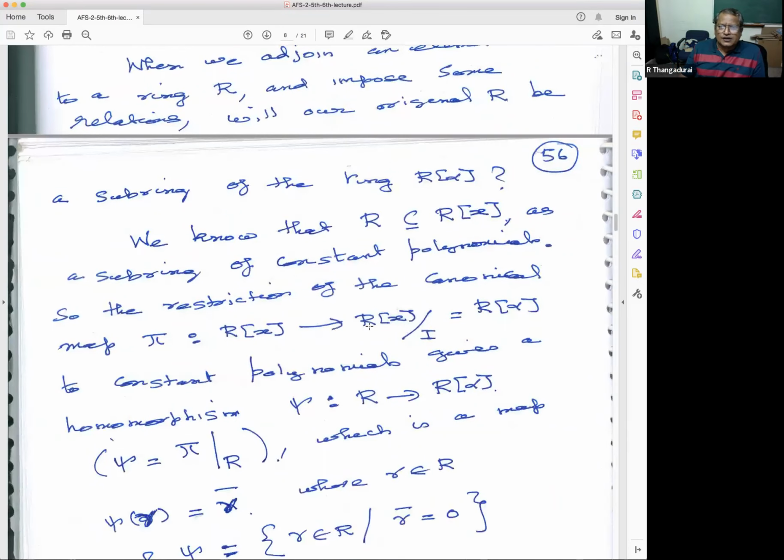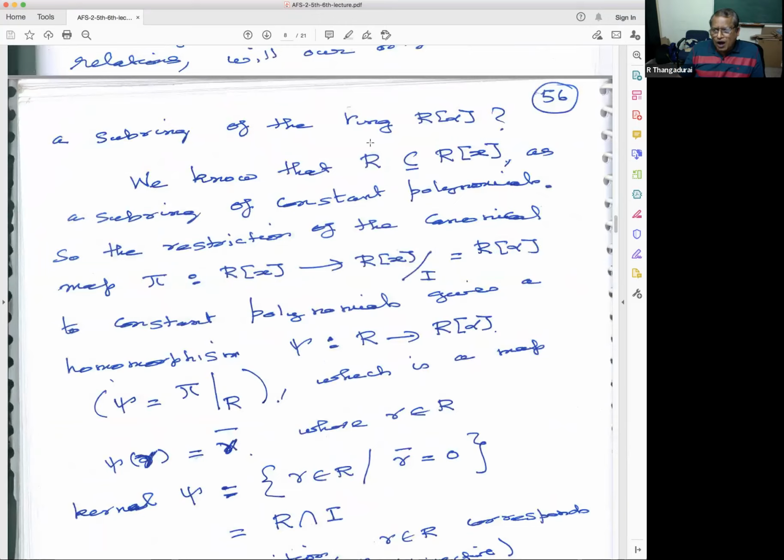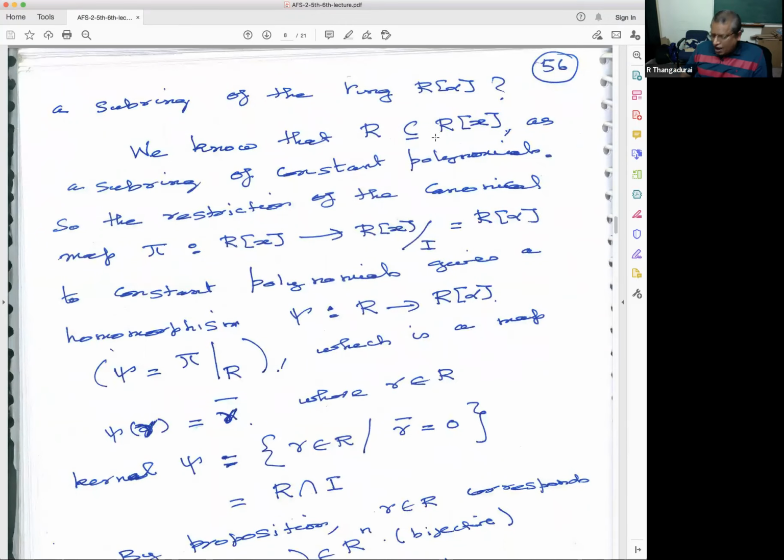Okay. So we know R is sitting inside R of x as a subring of constant polynomials. So consider the restriction of the canonical map pi from R of x to R modulo I, where I is the ideal generated by the relation satisfied by alpha. Okay.